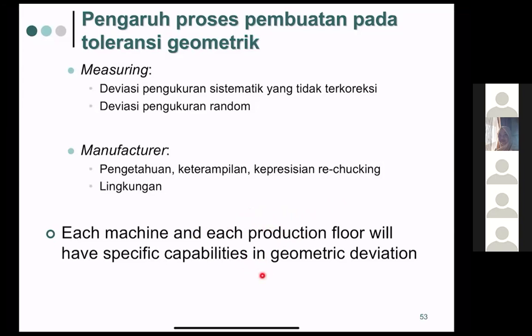It is based on quality assurance and quality control. I think our friends in industrial engineering, or in engineering management, also know a lot about how to inspect quality on the production floor.